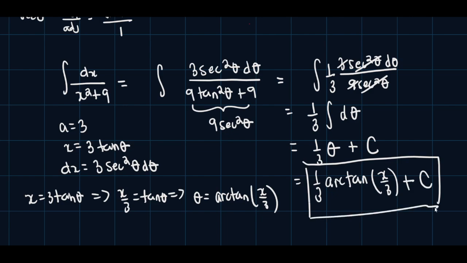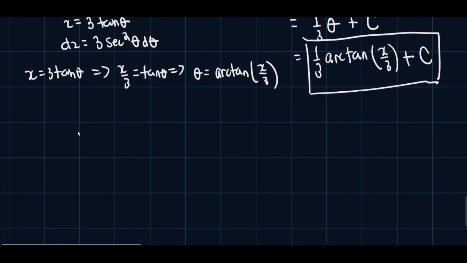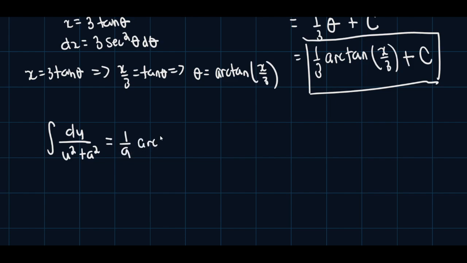So, in our final answer, there is an inverse trigonometric function, no? So, if we go back to our second table that was presented at the start of the video, if we have an integral of this form, du over u squared plus a squared, this is equal to 1 over a arctan of u over a plus c.